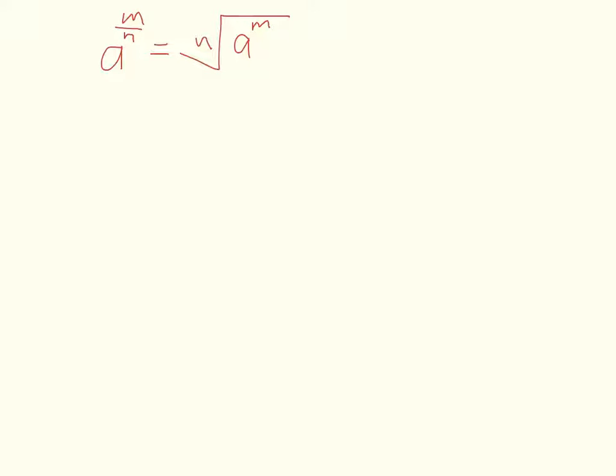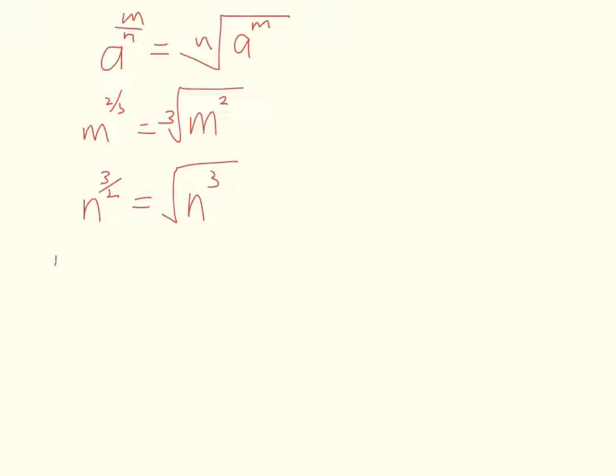Okay, so if I've got something like m to the power of 2 over 3, well, that's the same as m squared being cube rooted. But if I've got something like n to the power of 3 over 2, okay, well, this time it means that my power of n inside the surd is 3, but then it's being square rooted.